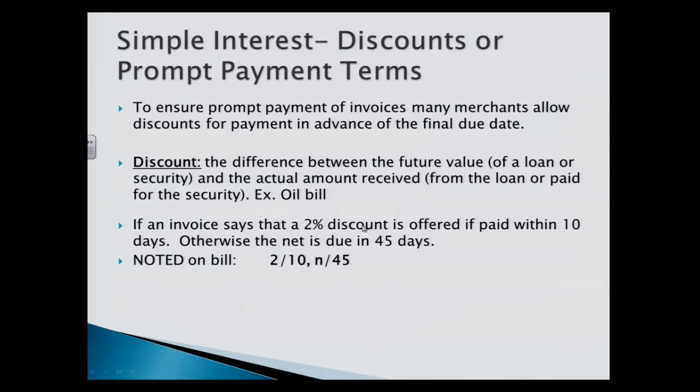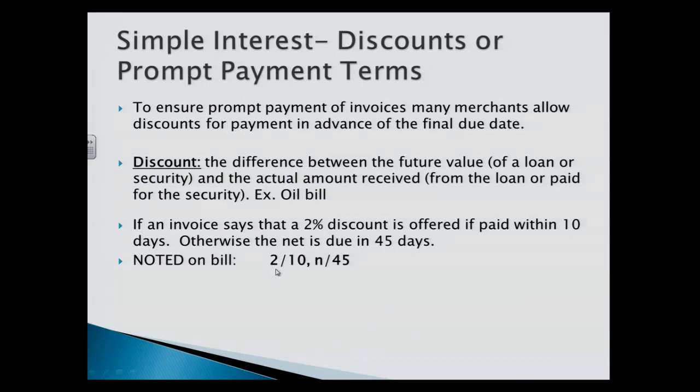Let's talk discounts or prompt payment terms. Very often, a merchant, somebody you owe money to, perhaps if you buy oil for your home, or you purchase something from True Value that's very expensive, they'll offer you a discount, and they probably will reference it as 2/10, N/45.